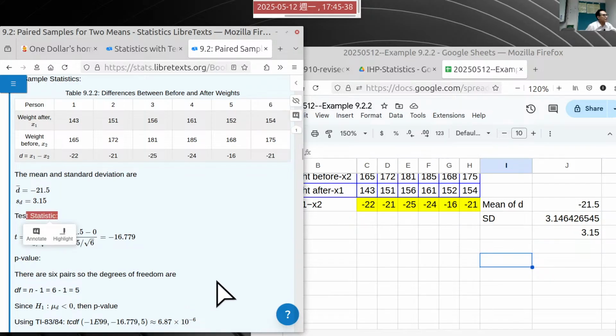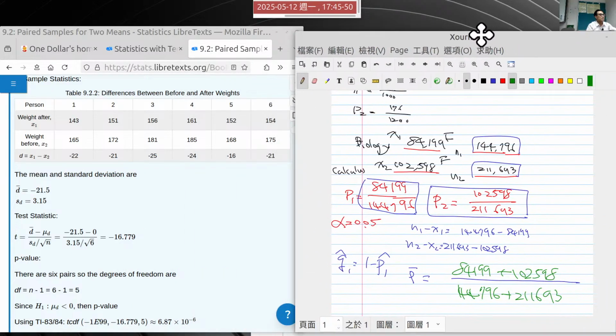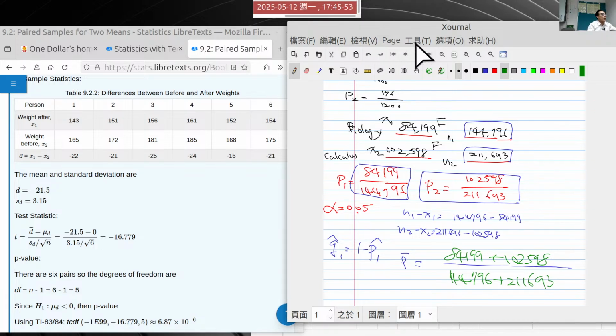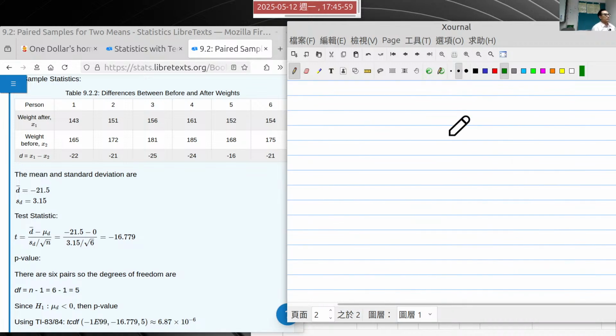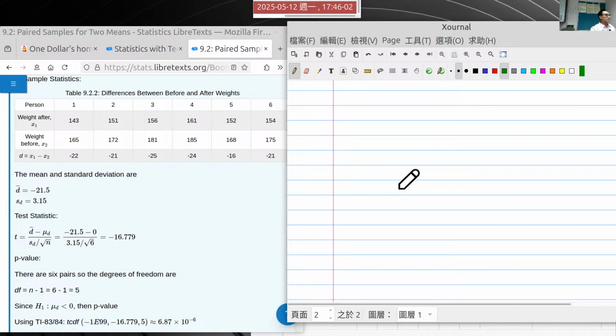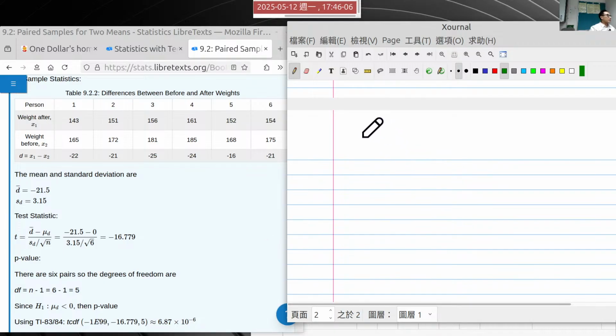The T is d bar minus mu D, and standard deviation divided by square root of n.